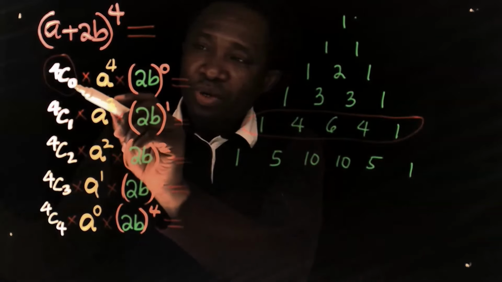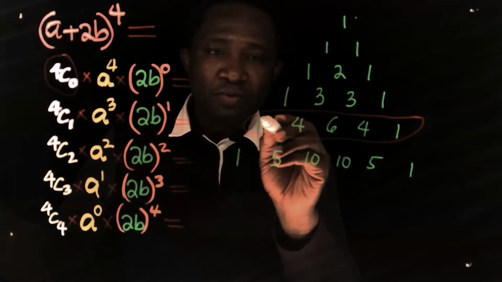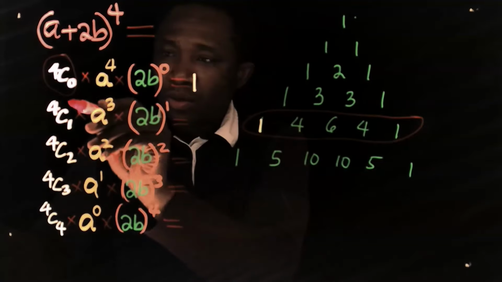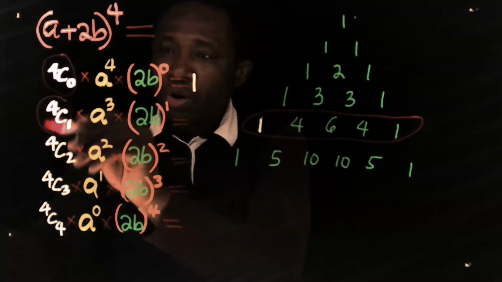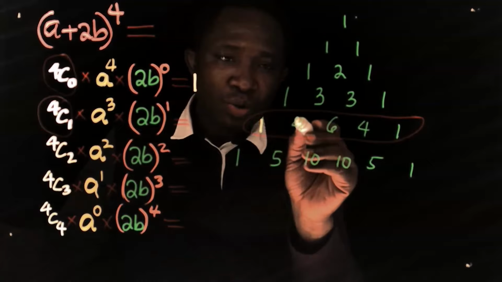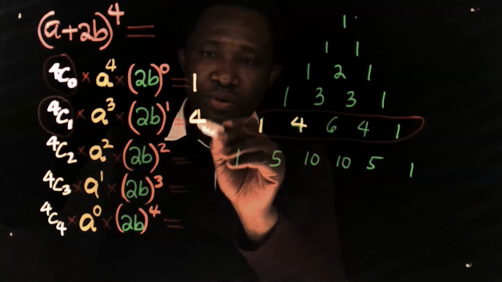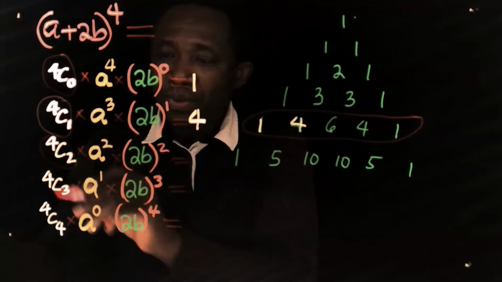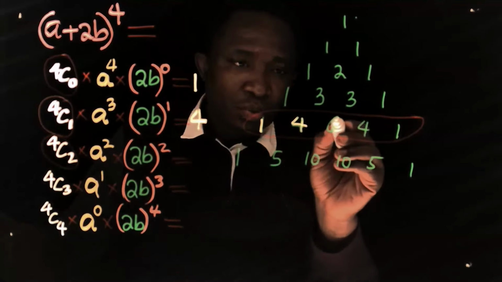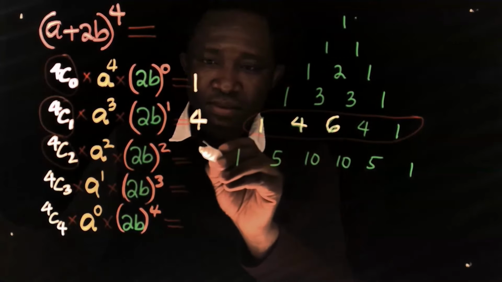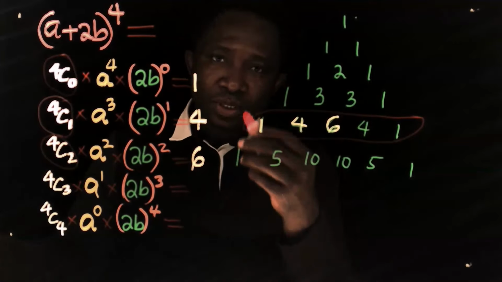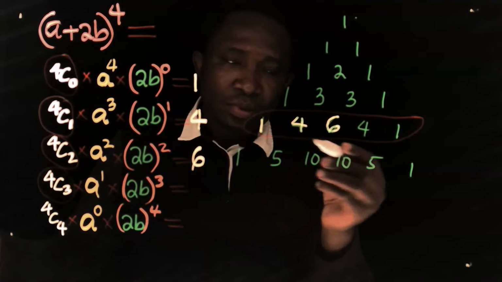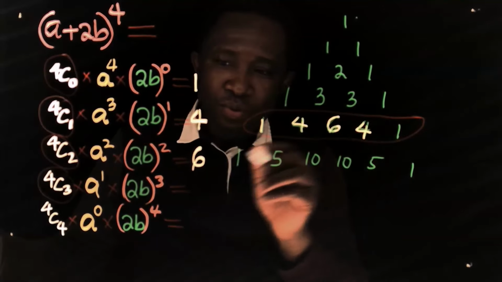For 4 combination 0, we are going to have 1. Next, for 4 combination 1, we are going to have 4. Next, for 4 combination 2, we are going to have 6. Next, for 4 combination 3, we are going to have 4.